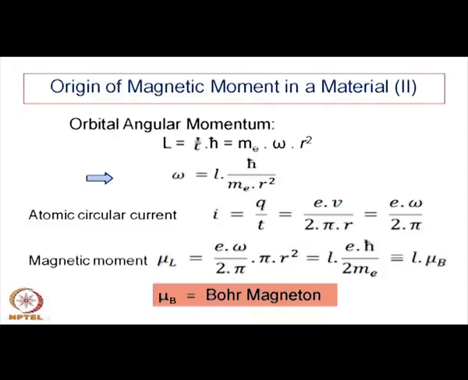So, the orbital angular momentum is equal to L h bar, which has been mentioned earlier, which is again equivalent to m e omega r square.